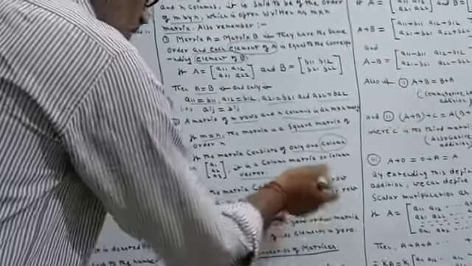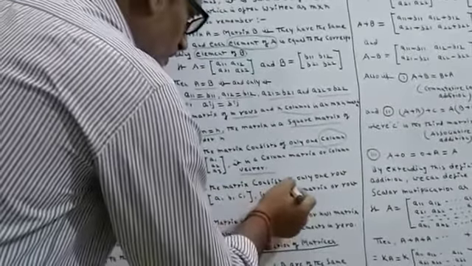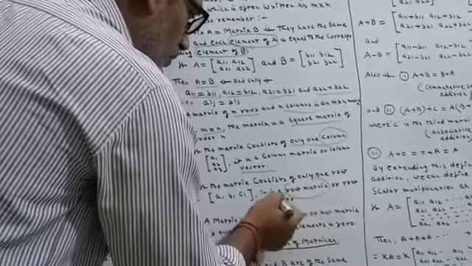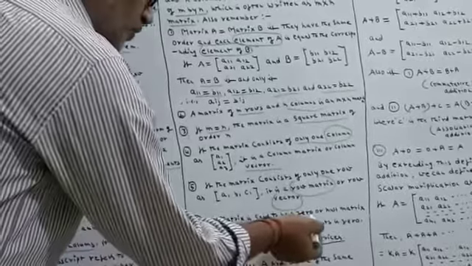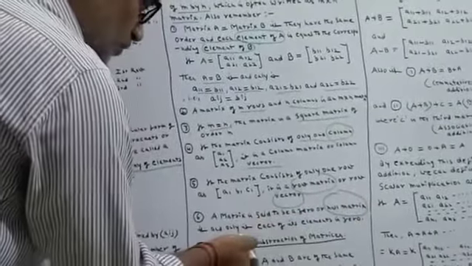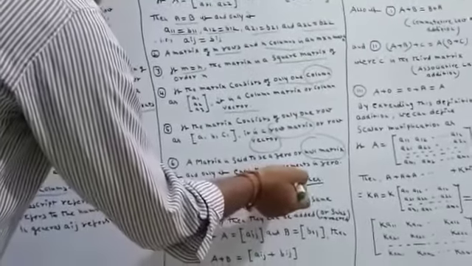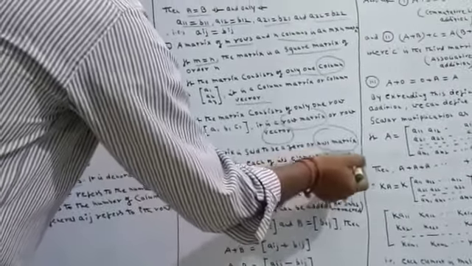If the matrix consists of only one row, as A1, B1, C1, it is a row matrix or a row vector also. A matrix again is said to be a zero or null matrix if and only if each of its elements is zero.